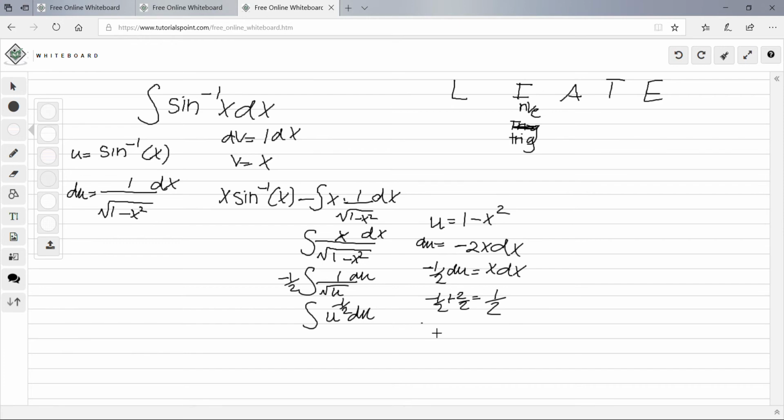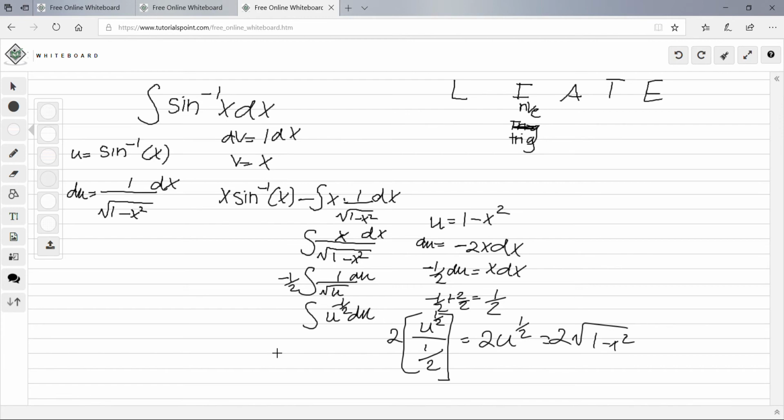So that would be u to the 1/2 over 1/2, and then you could do brackets and multiply everything by 2, so that should be 2 times u to the 1/2. And then plug in the u. 1/2 is the same thing as square root, and our u is 1 minus x squared.